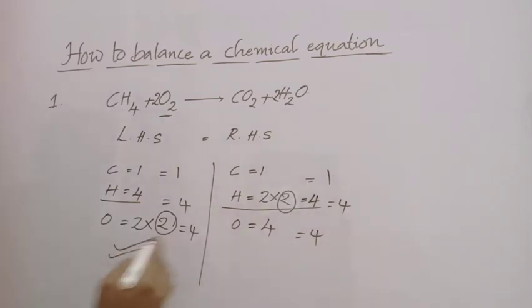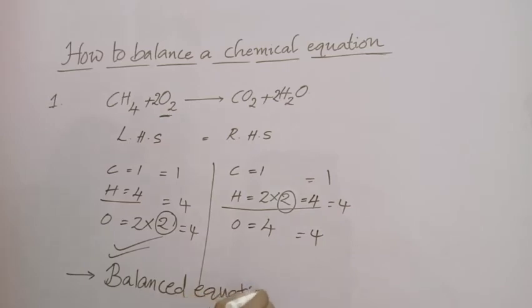Both are equal. This type of equation is called a balanced equation. Before balancing, it is called an unbalanced equation; after balancing, it is called a balanced equation.